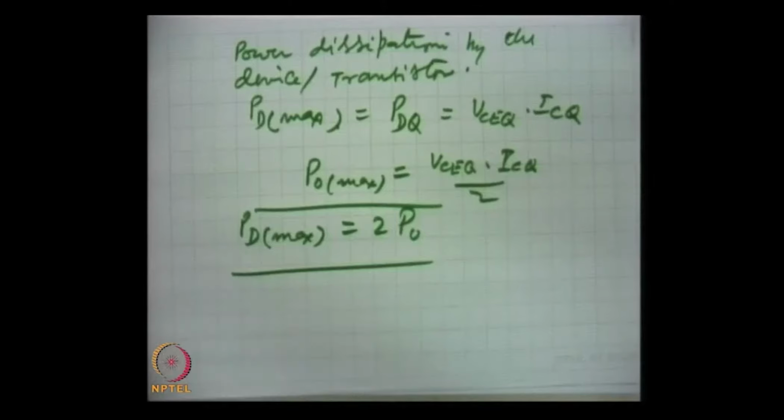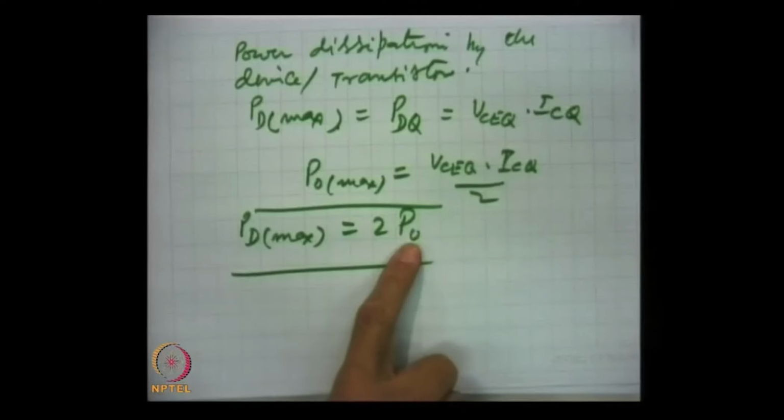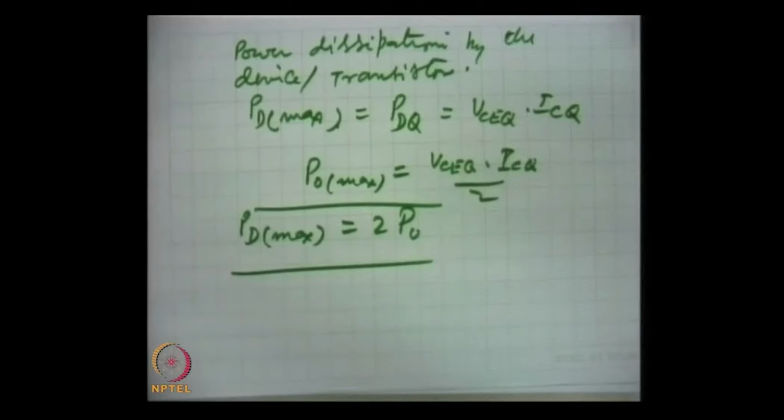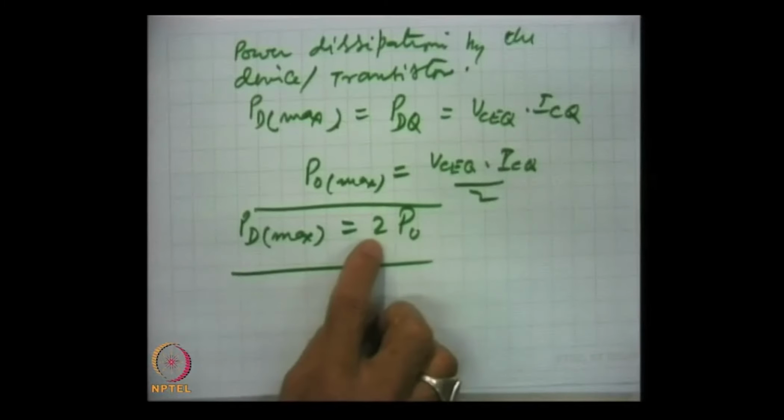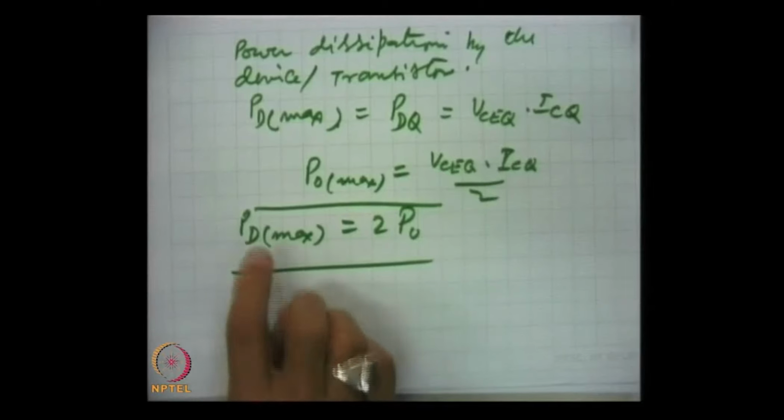And it says that if the output power is, say, 10 watts, then 10 into 2, that means 20 watts. The device should be capable of dissipating 20 watts, that means double of what you are getting at the output.